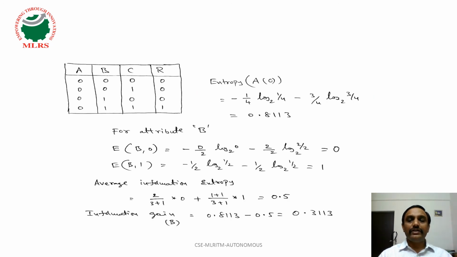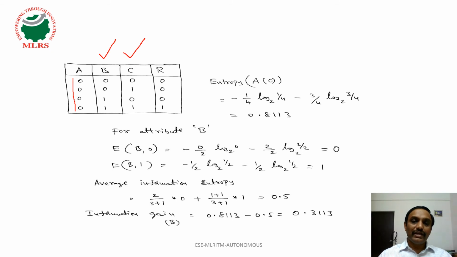So to continue our process, here we have to consider the table where A value is equal to 0 only. So here we are taking only that part of the table. The remaining part there is no need to consider from now onwards. Since A is already chosen as the root node, we have to calculate the information gain of B and the information gain of C only.